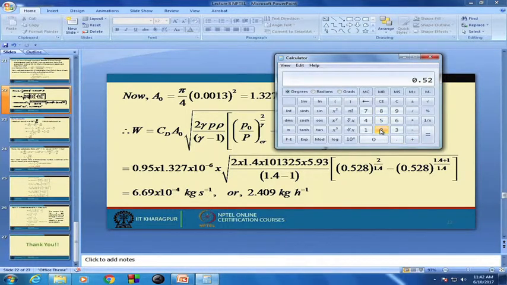So 0.528 to the power 2 by gamma is this, equal to this, minus 0.528 to the power 2.4 divided by 1.4, right. So this becomes that, right.